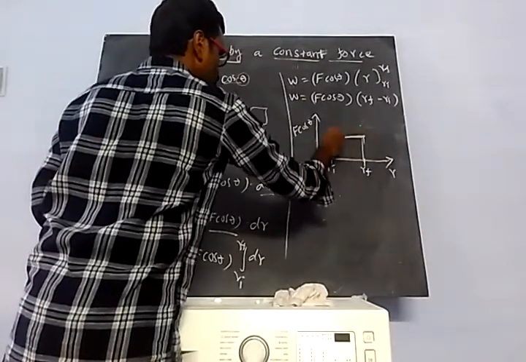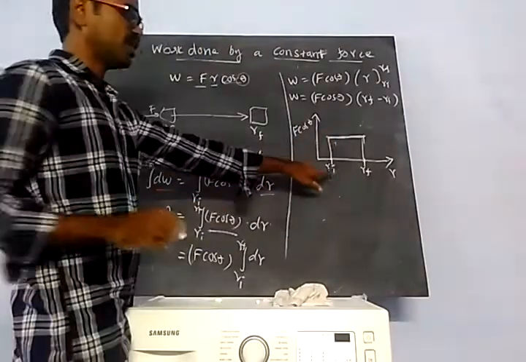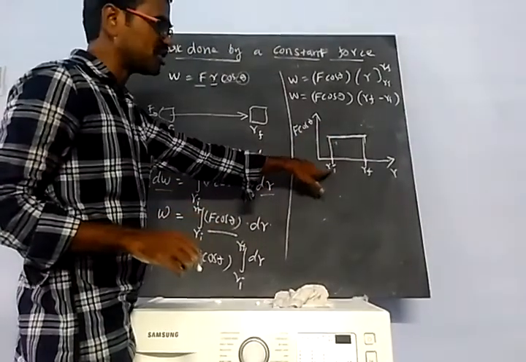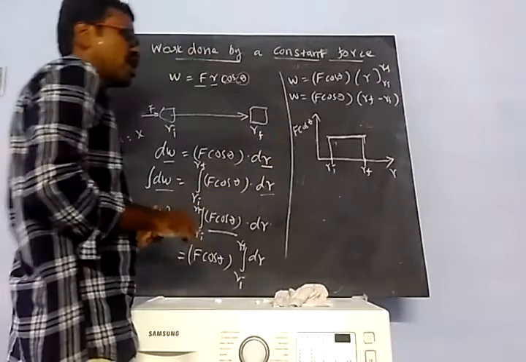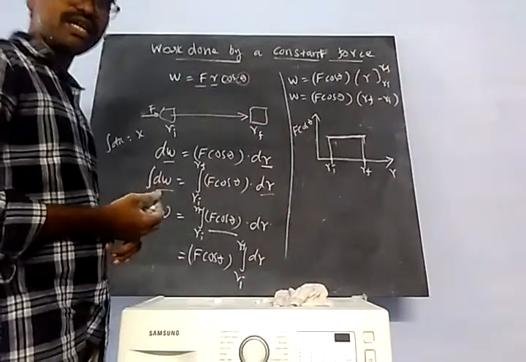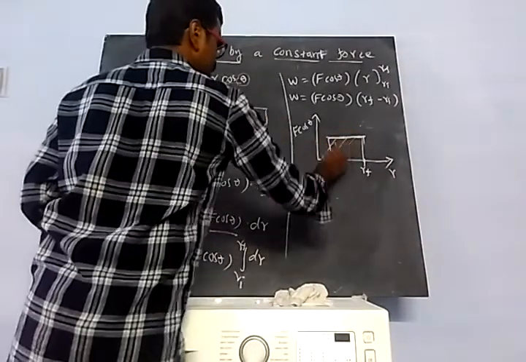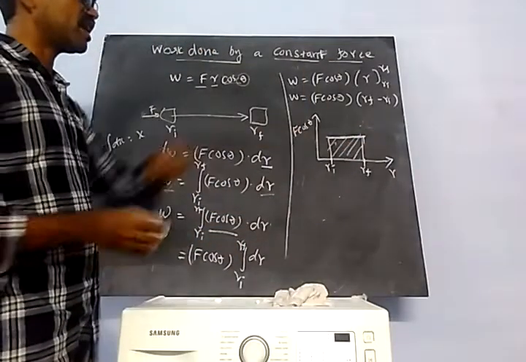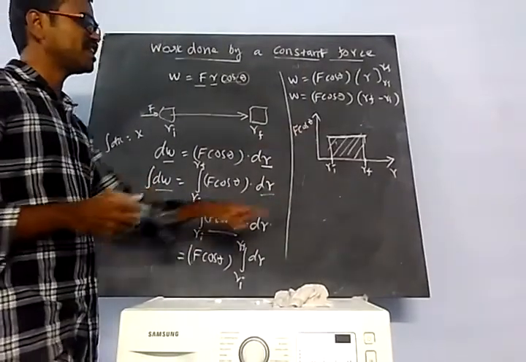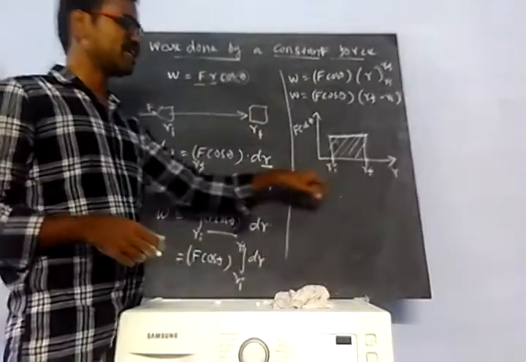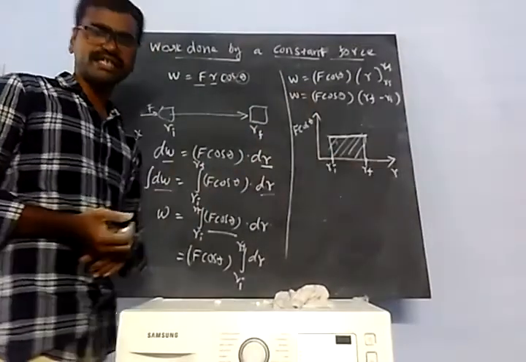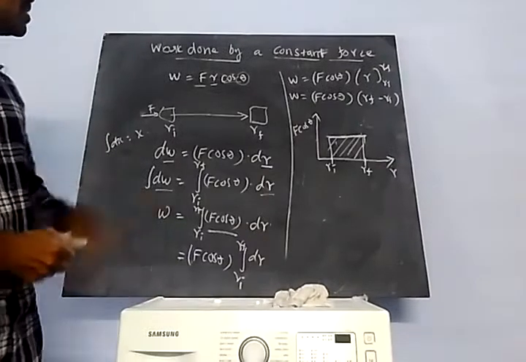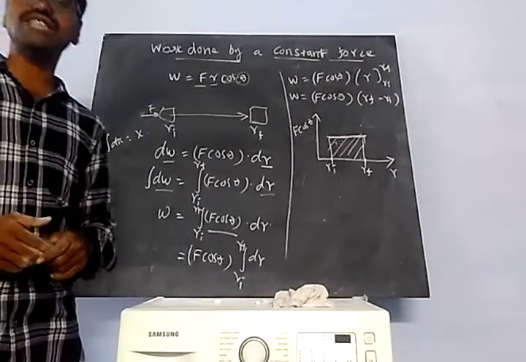Position alone is changing from Ri to Rf. Do you understand? So the area under the graph gives the work done between Ri and Rf. Okay, do you understand? So this is the work done by a constant force.